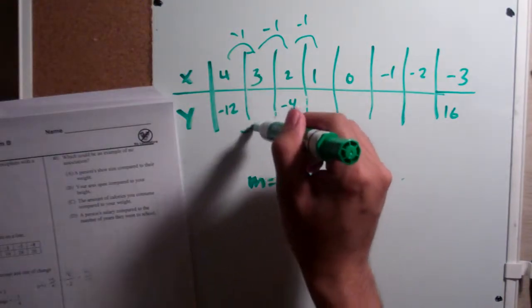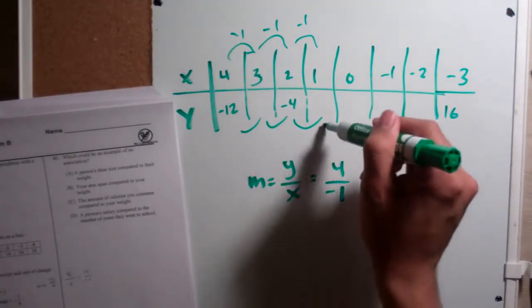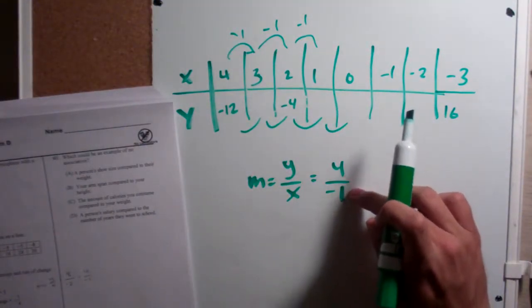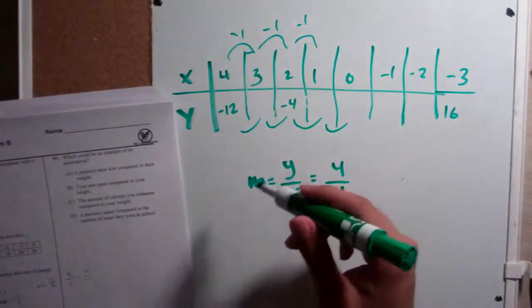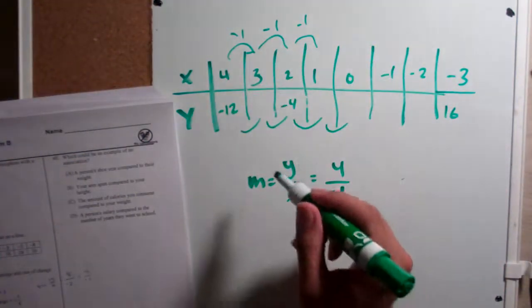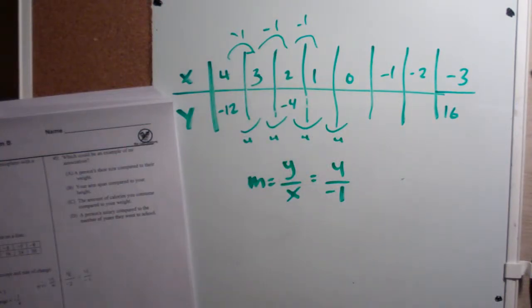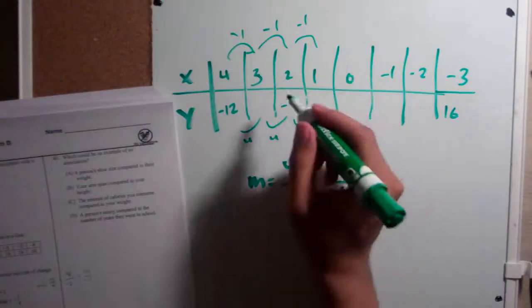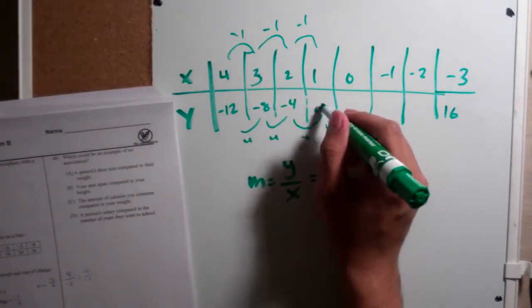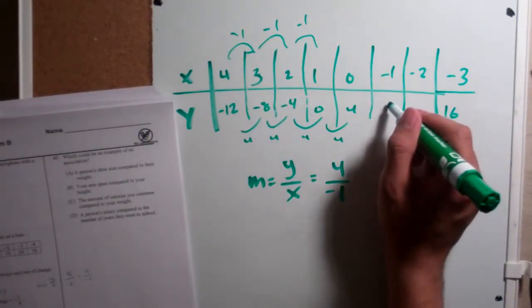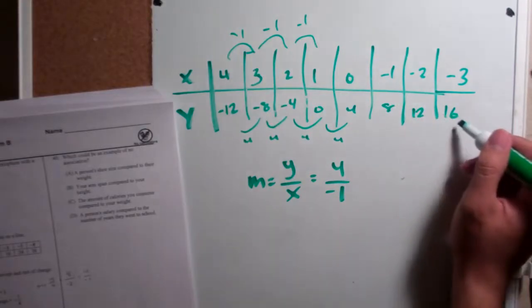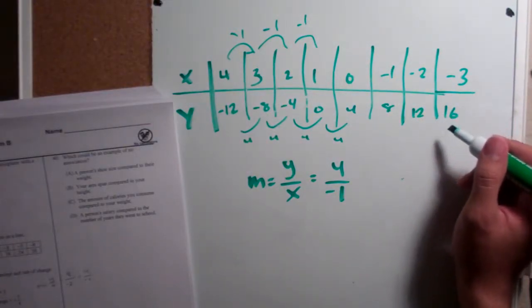Just note that we want to match our y's and our x's. So these need to increase by 4. If I increase by 4, this will be -8, this will be 0, this will be 4, this will be 8, this will be 12, and awesome, this is already 16, so it matches up.